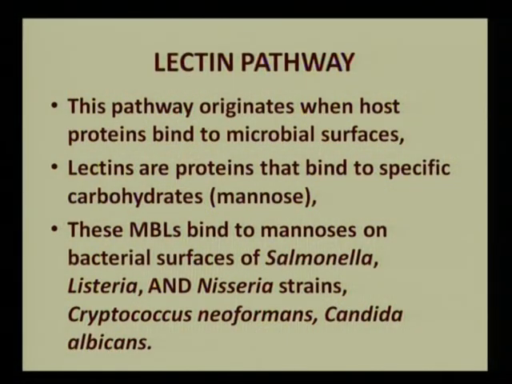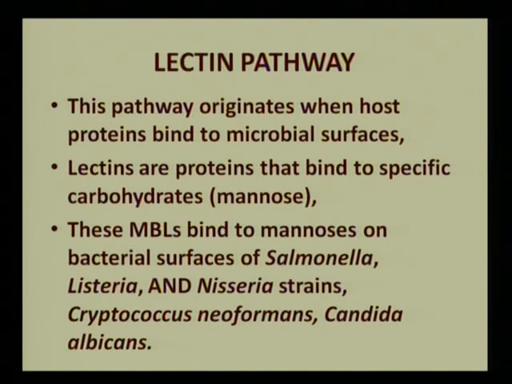So in the lectin pathway, this pathway originates when the host protein binds to the microbial surface, and these lectins are the proteins that bind to a specific carbohydrate, that is mannose.